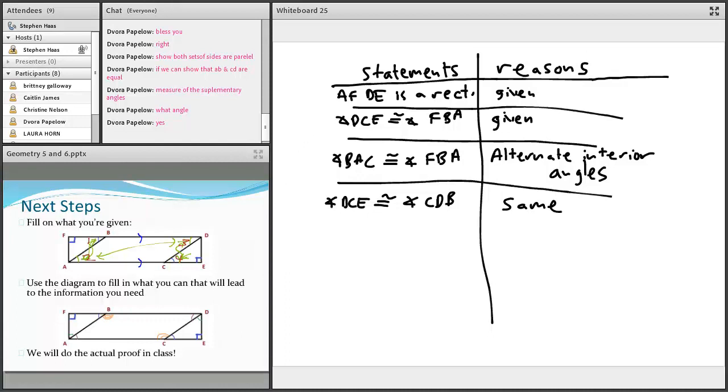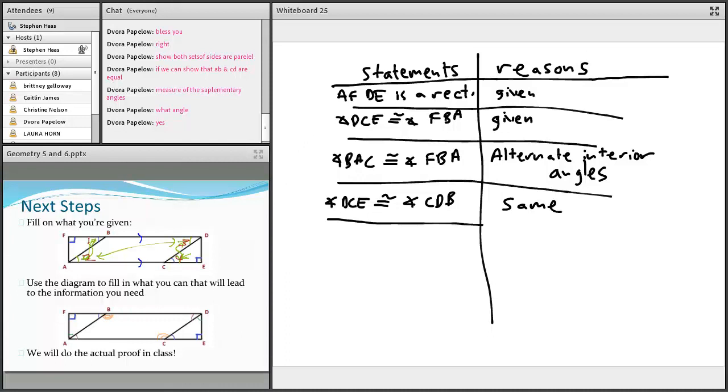Well, we know that angle 1 equals angle 2, and angle 3 equals angle 4. That tells us by definition that angle 2 equals angle 3, because they're both equal to angles that are equal to each other. That's also sometimes known as the chain rule. If A is equal to B, and B is equal to C, well then C is equal to A. Common sense, right?